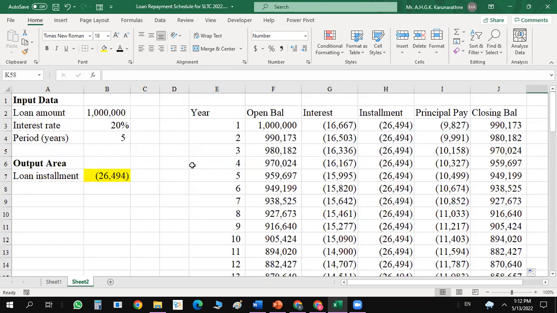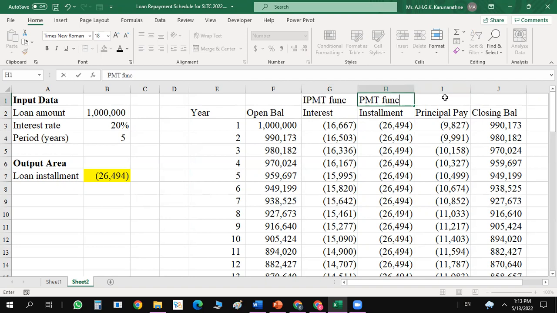Just for clarification, as a final summary, this column is taken using the IPMT function, this is taken from the PMT function, and this column is taken from the PPMT function.